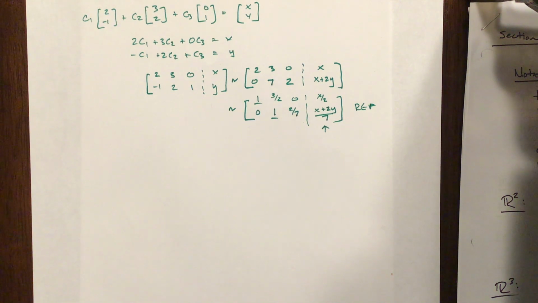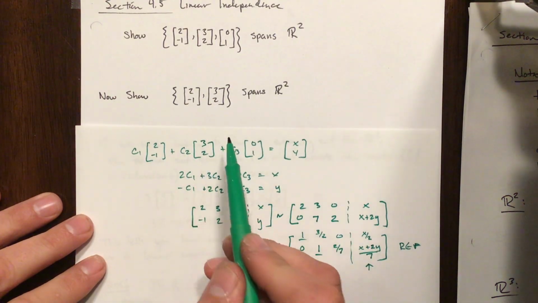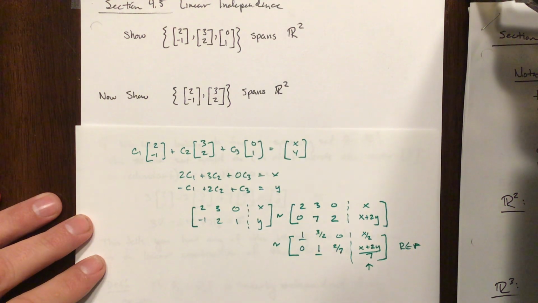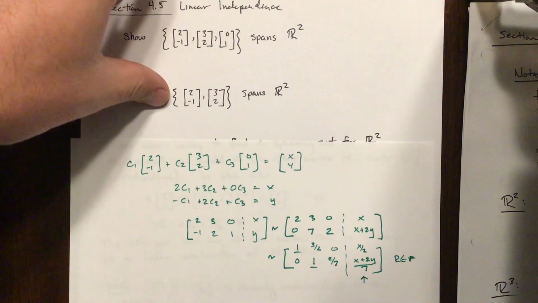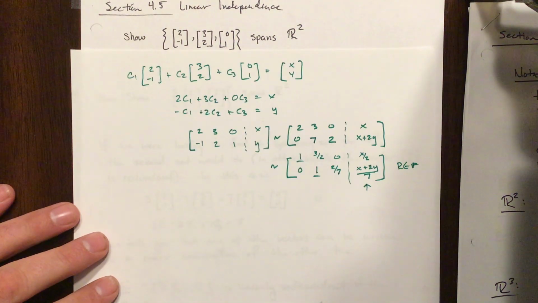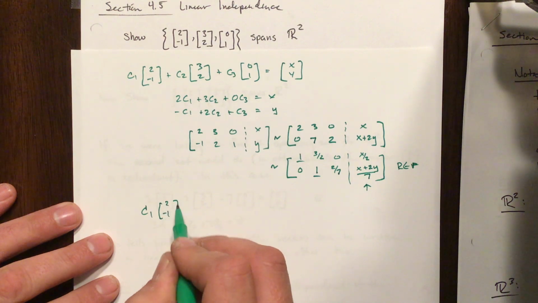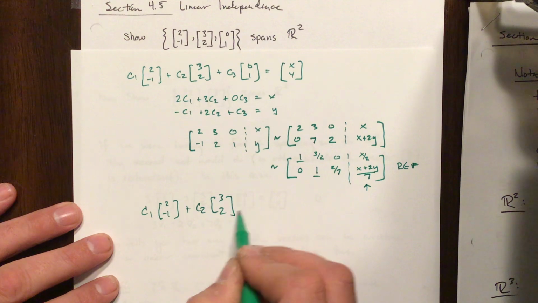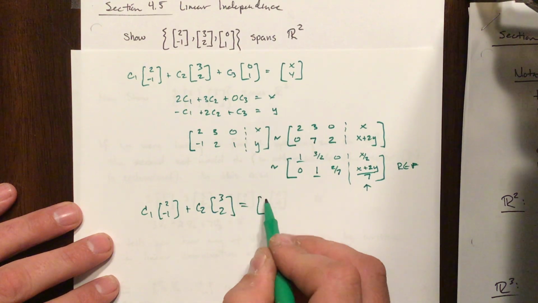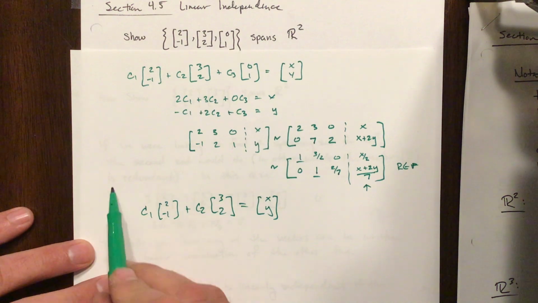Now, to show that the vectors (2, -1) and (3, 2) span R2, all we're going to do is take the same system, c1 times (2, -1) plus c2 times (3, 2), and instead of adding the third vector (0, 1), just say (x, y).